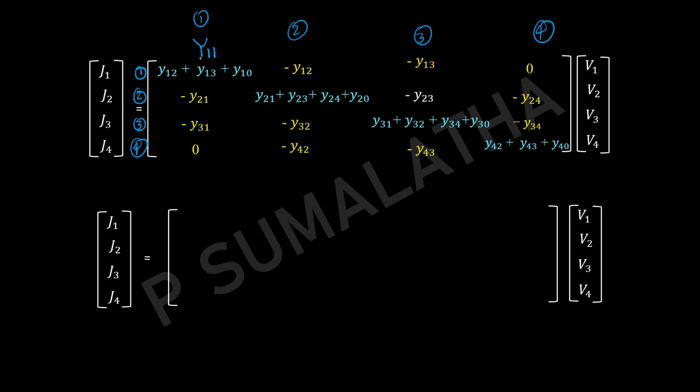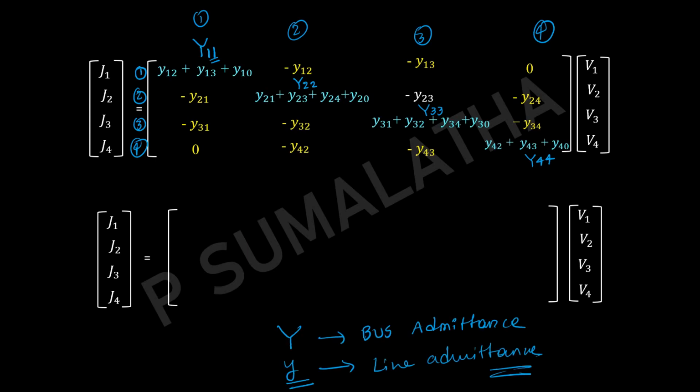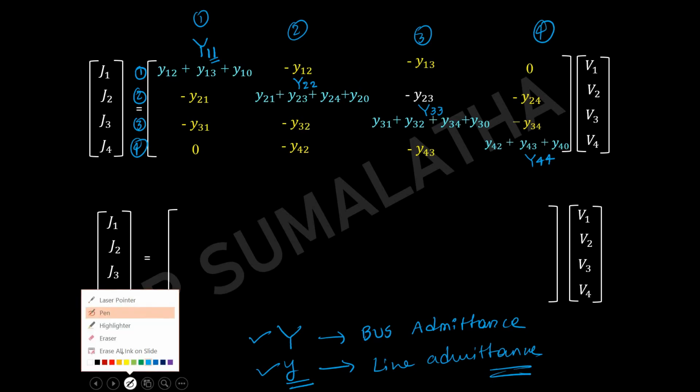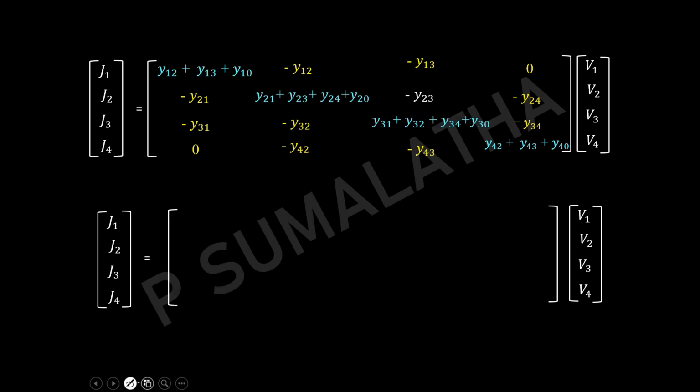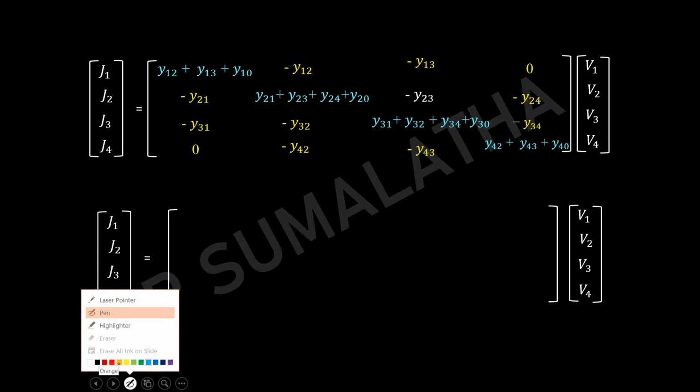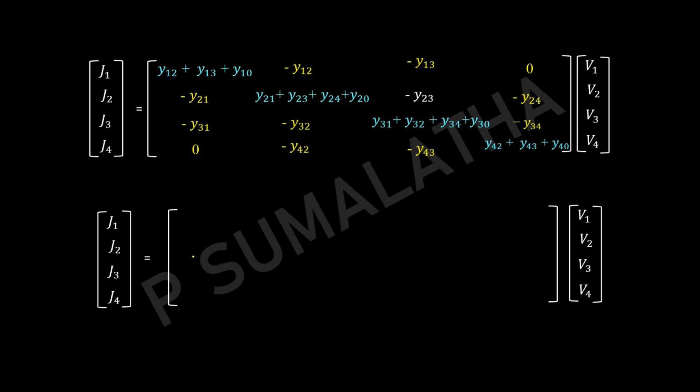We have 4 buses, 1, 2, 3 and 4, and here also you will have 1, 2, 3 and 4 buses. This element corresponds to the first bus to the first bus, so you give it as Y11, this value is Y22, this value is Y33 and this value is Y44. Always capital Y represents the bus admittance, and small y represents the line admittance. That is why in load flow studies it is very important to show the difference between capital Y and small y.